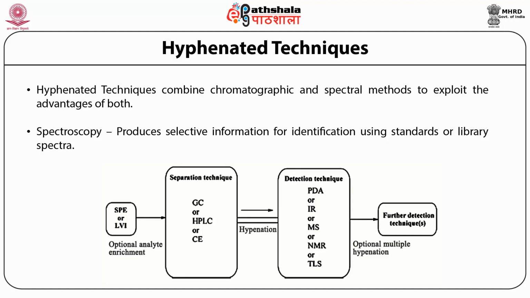When they are clubbed with a detection technique like PDA, IR, mass or NMR, this makes hyphenated techniques. Prior to this or after this, some purification steps or further detection methods can be added. But the central portion represents hyphenated techniques like HPLC, GCMS and others.